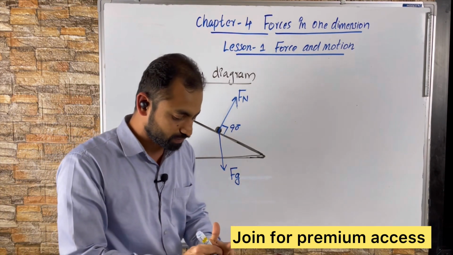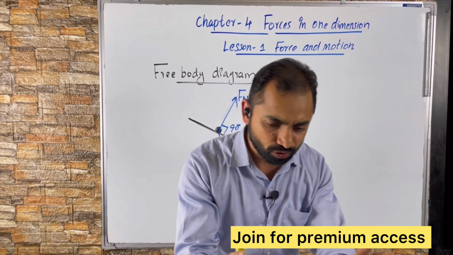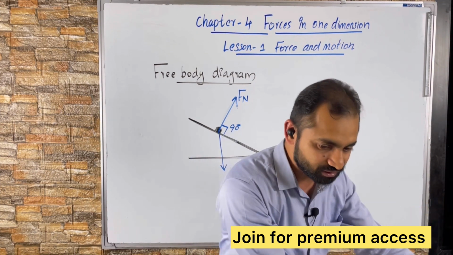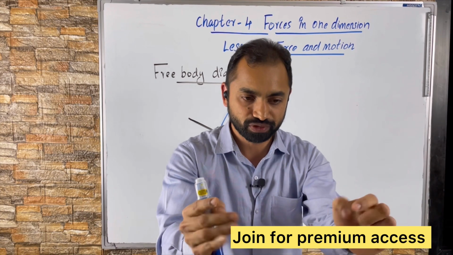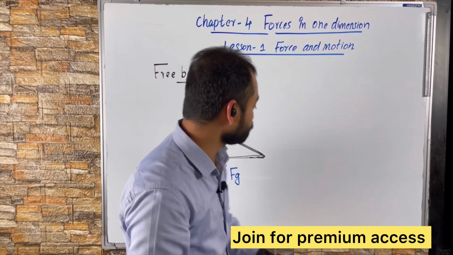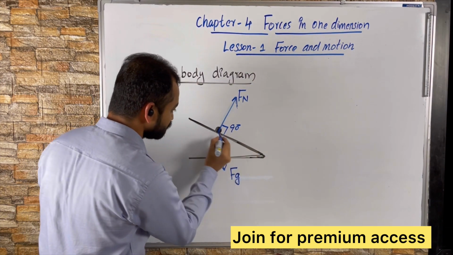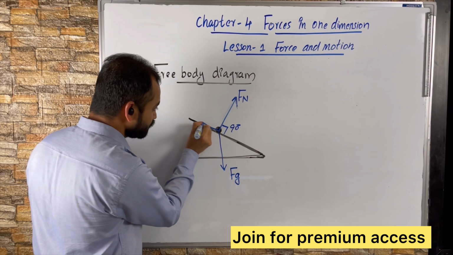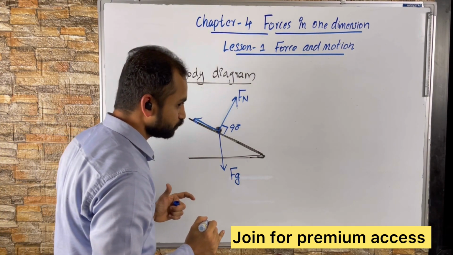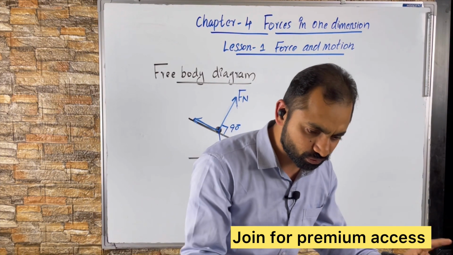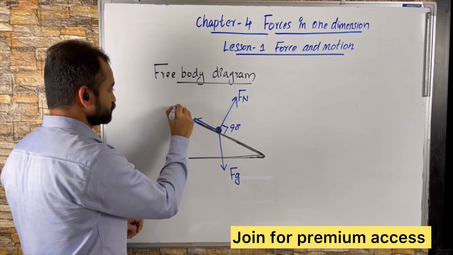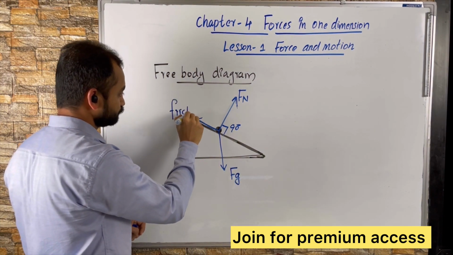If any object is moving over another object, now you are sliding on the slide, the surface will apply a backward force. What is the name of that opposing force which opposes every motion? Friction. Very good. We will write friction.